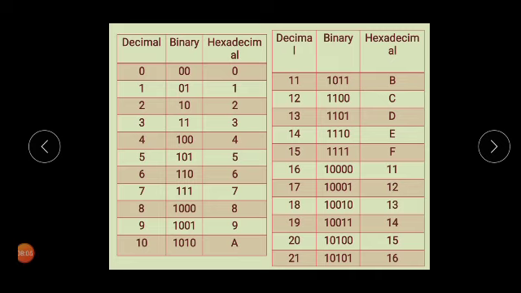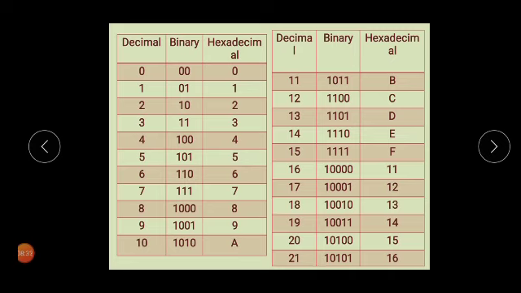Coming to the binary number system, as we know, we have only 2 digits in the binary number system, that is 0 and 1. We start writing the numbers as 0, 1, 10, 11. So decimal 0 is represented by 0, 1 is represented by 1, and so on. 3 is represented by 11.